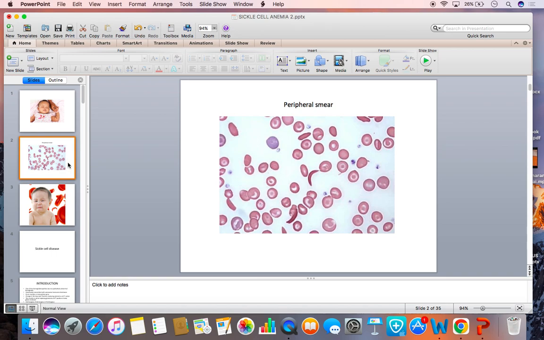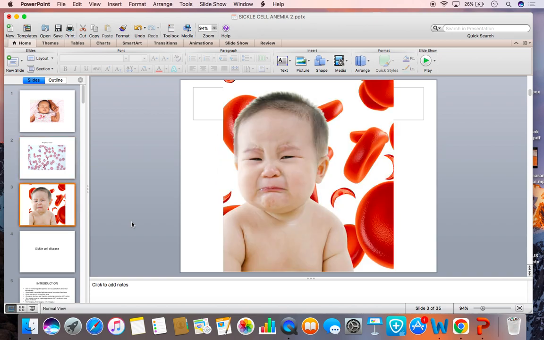The blood smear shows target cells and sickle cells. This is the patient with sickle cell anemia. It's a pathetic situation. Look at that. He's crying with pain.